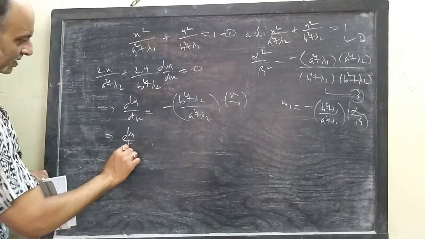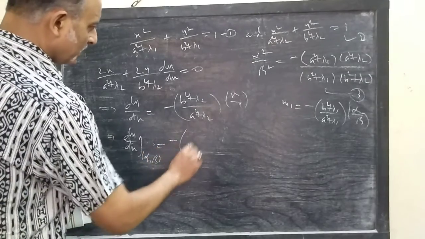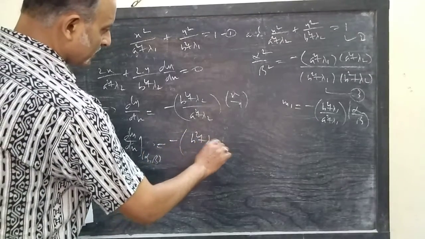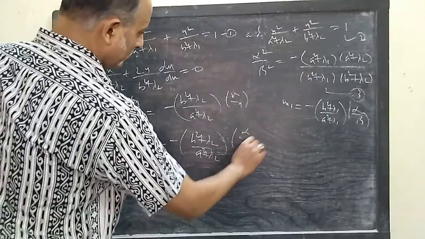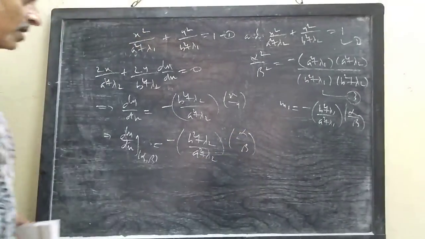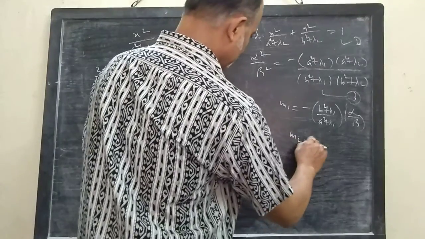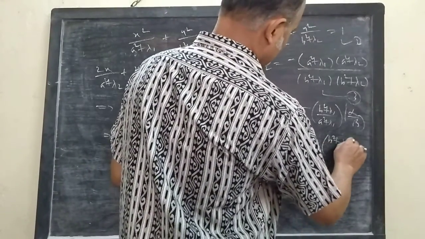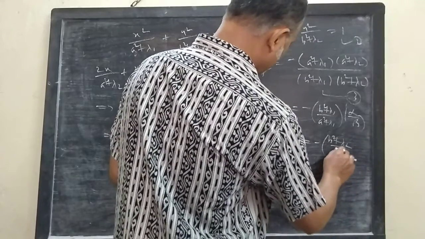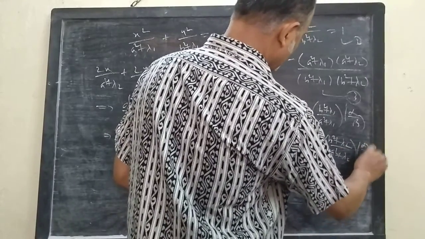Therefore, dy dx at their point of intersection alpha beta becomes minus b square plus lambda 2 by a square plus lambda 2 into alpha by beta. If we consider this as m2, then we get m2 equals to minus b square plus lambda 2 by a square plus lambda 2 into alpha by beta.